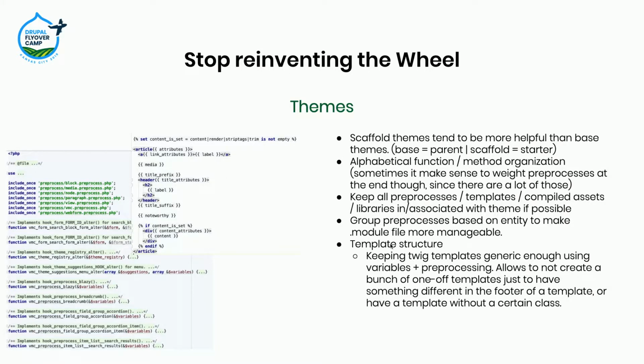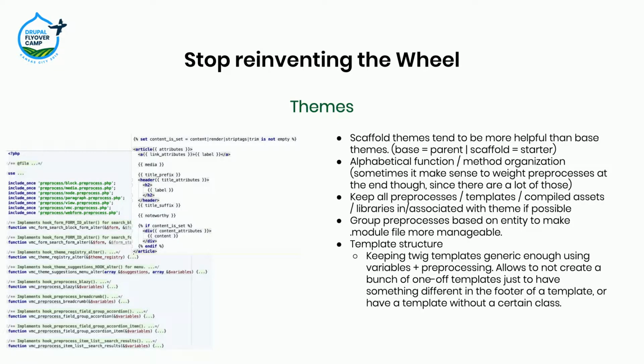Same with template structure was something that we started doing, where a lot of times, when I want to add a class to a template, you think, well, I'm going to just add class in here. But by doing that, that makes that a one-off item. You're not able to change that for a certain scenario. So let's say we have a teaser view mode. We want to reuse that teaser view mode. And on news content types, we want to add a certain class.